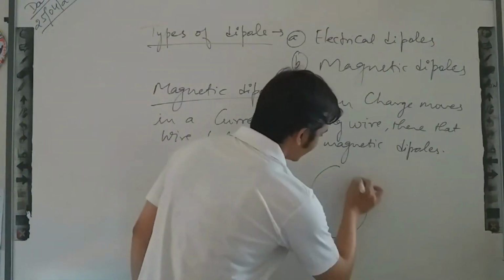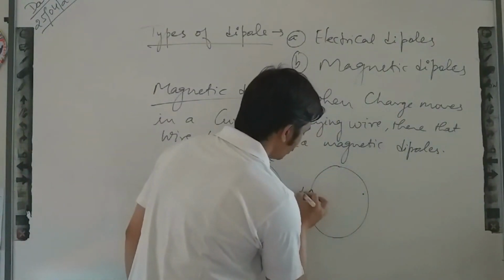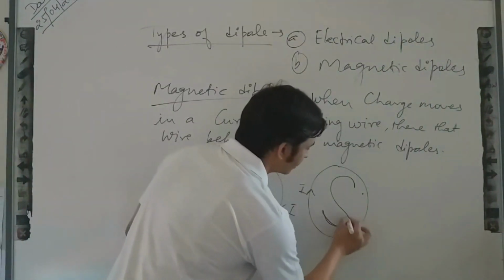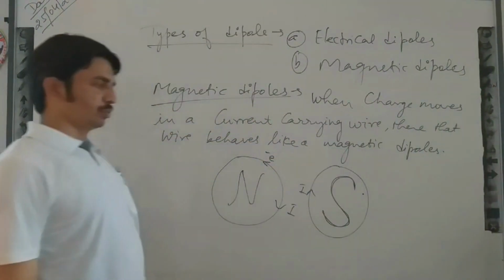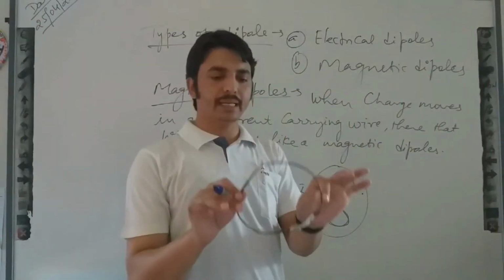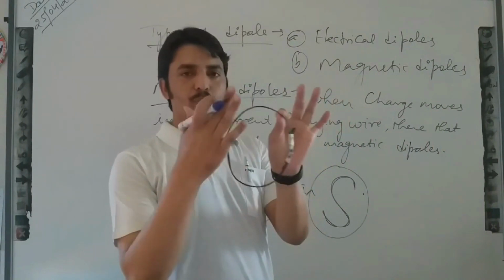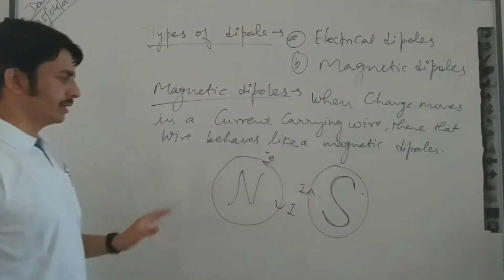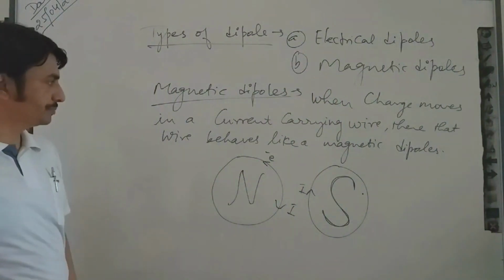Okay, if I have another loop in which the direction of current is clockwise, this end behaves like the south pole. So one current carrying loop has two poles, one south, one north. Okay, north and south.